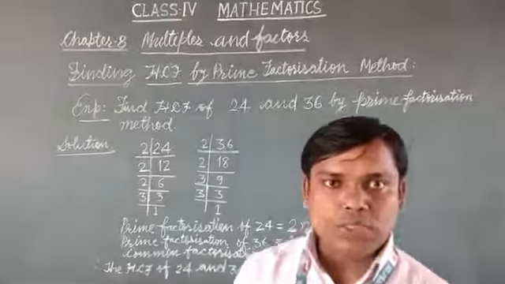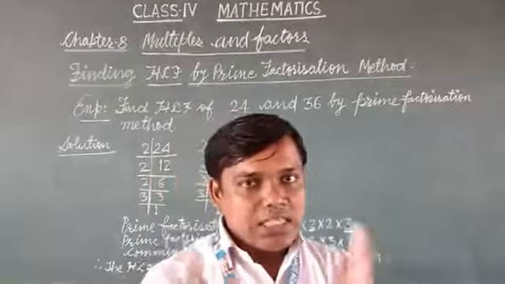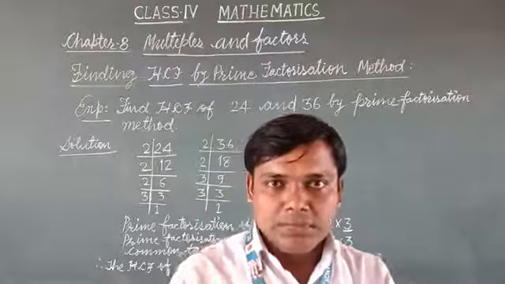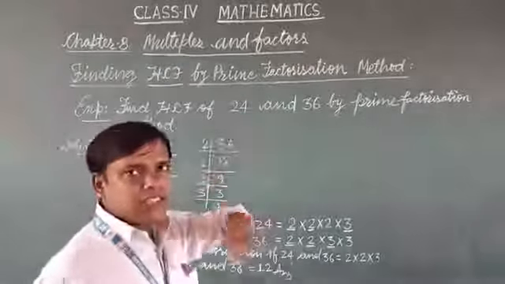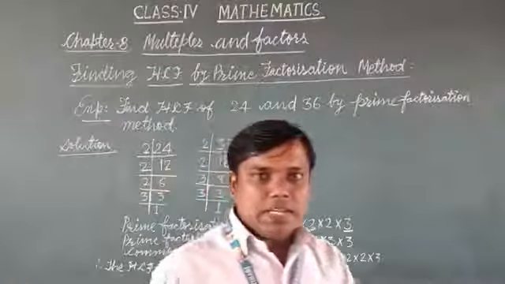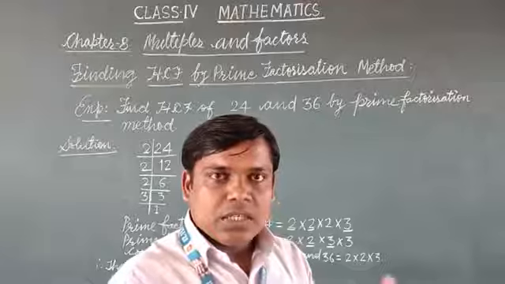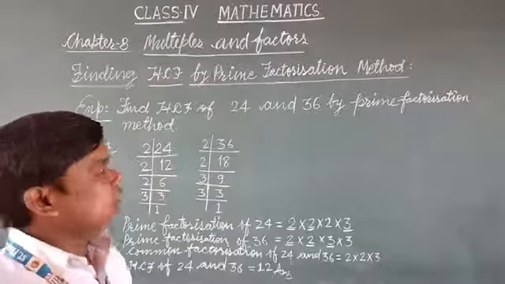I hope you understood how to calculate HCF of the given numbers by prime factorization method. Here I took an example of 2 numbers. If more than 2 numbers are given, even then you can find the HCF by the same method.